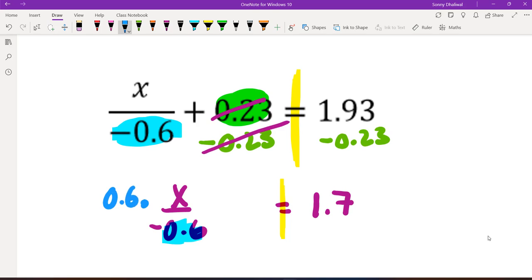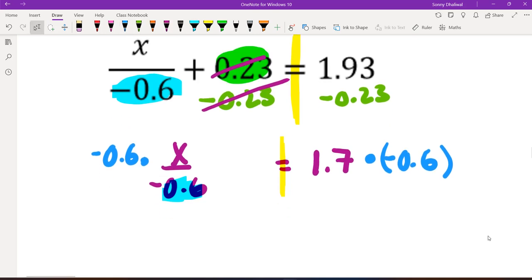Well, negative 0.6, right? Multiply by negative 0.6. And we're going to multiply by negative 0.6 here, if that helps. All right? I just put brackets around there to help isolate that negative sign. So those 0.6s are gone, and we're left with the x.